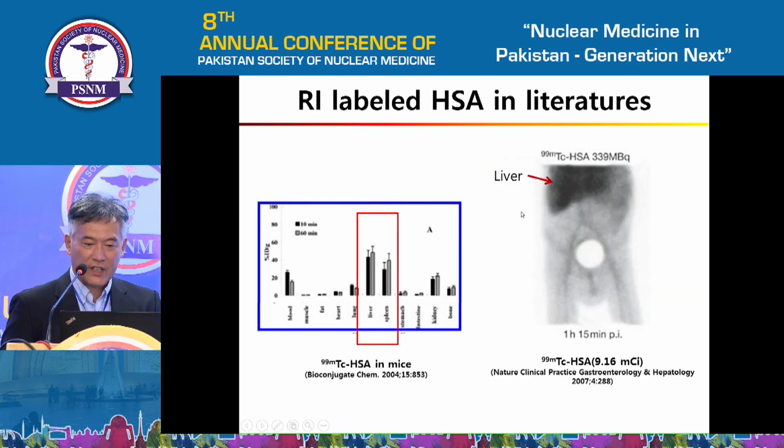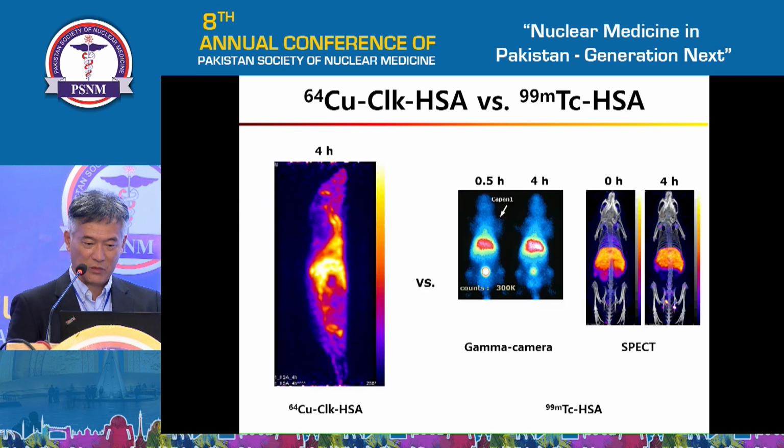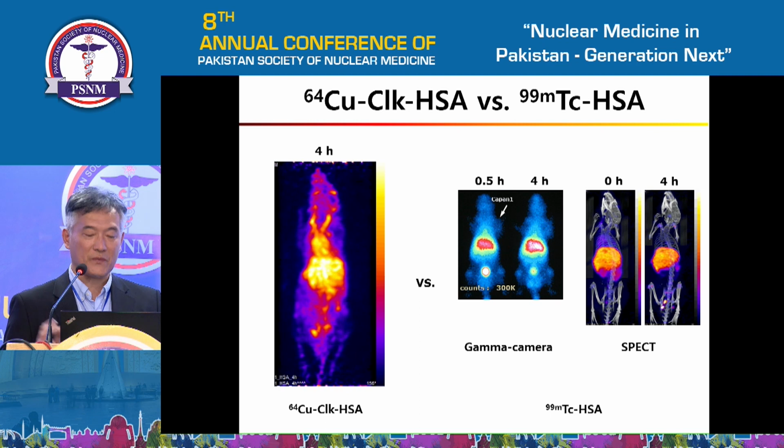We think that is somewhat different from the earlier technetium HSA imaging, because after injection, within 1 hour, all the radioactivity goes into the liver, even in a mouse and also in humans. So what is the difference?